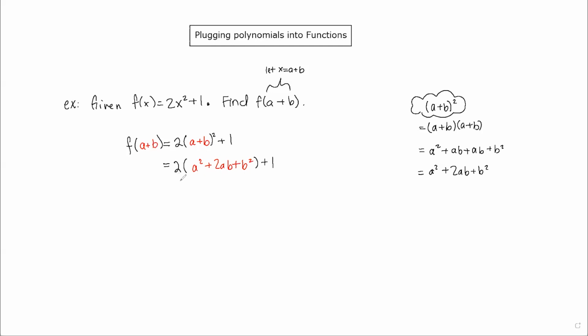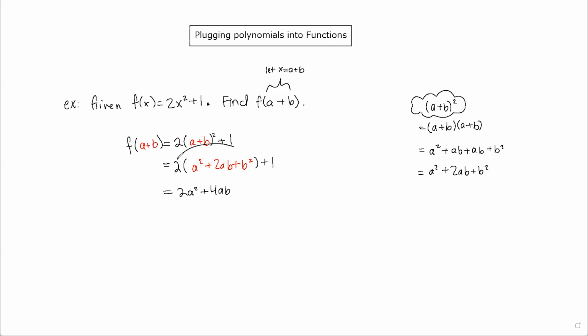Still applying my order of operations, I see that there's multiplication that needs to be done. This 2 here now needs to be distributed into every single term inside of this group, 1 term at a time. So first I'll do 2 times a squared, which is, of course, 2a squared. And then we'll do 2 times 2ab, which is, of course, 4ab.